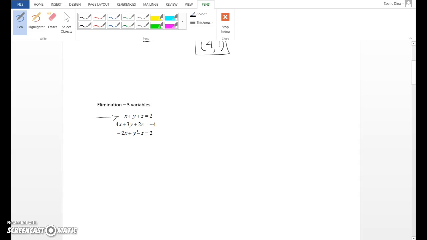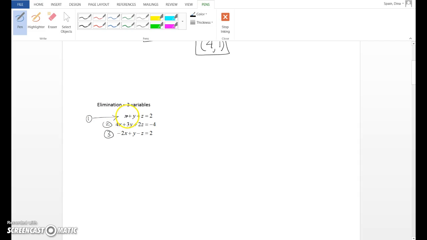So what I am choosing to do is eliminate, using this first equation as my control equation, the x's out of equations 2 and 3. This is equation 1, this is equation 2, and this is equation 3.